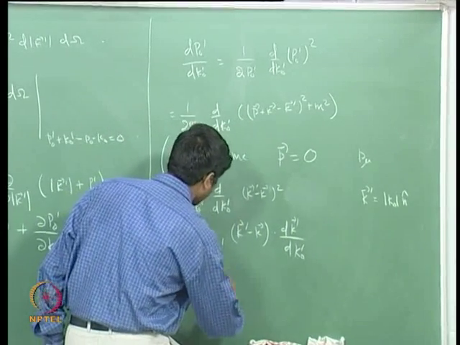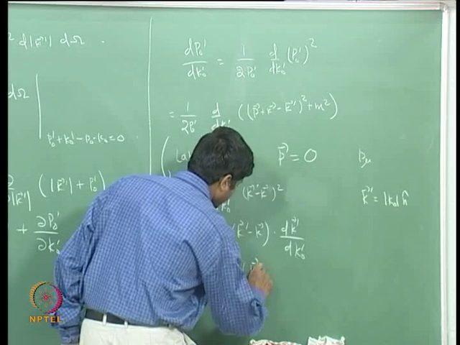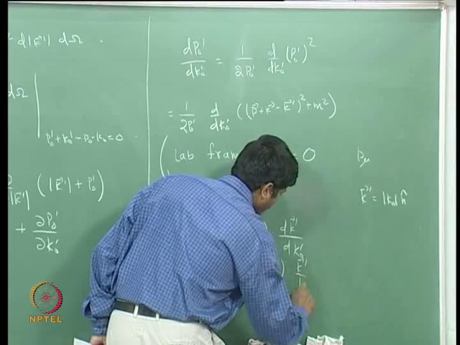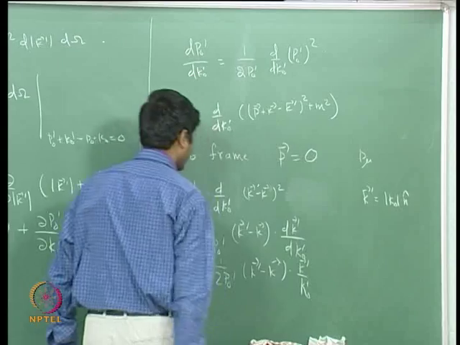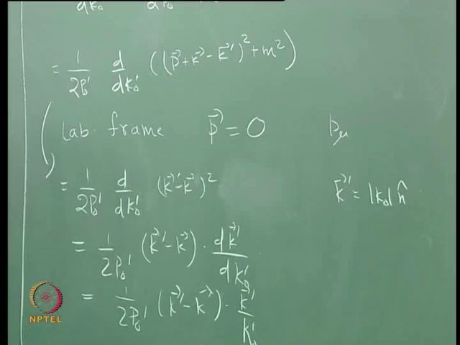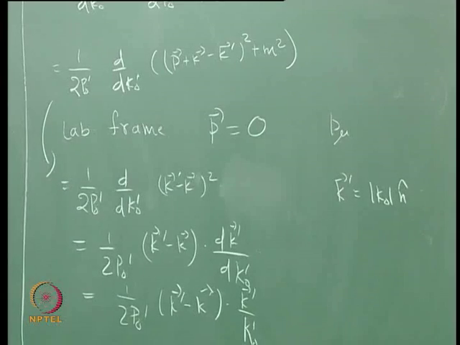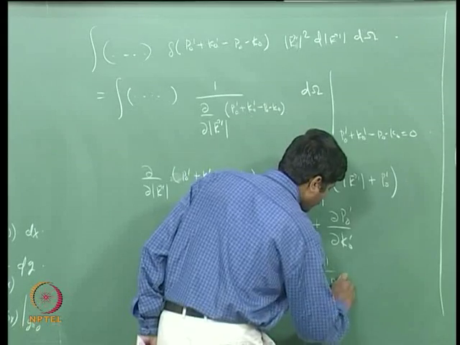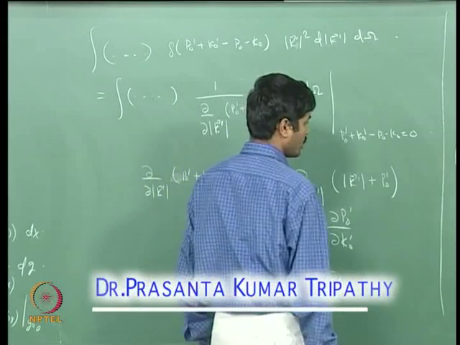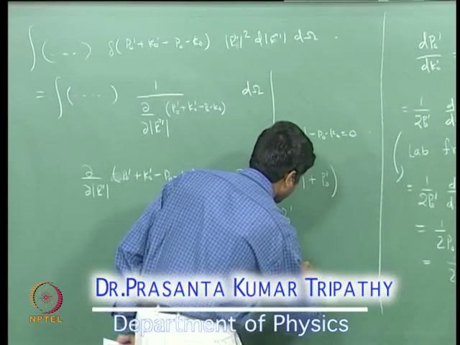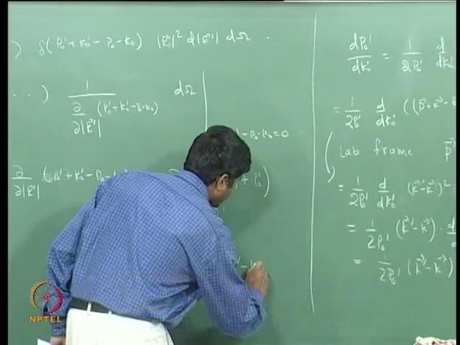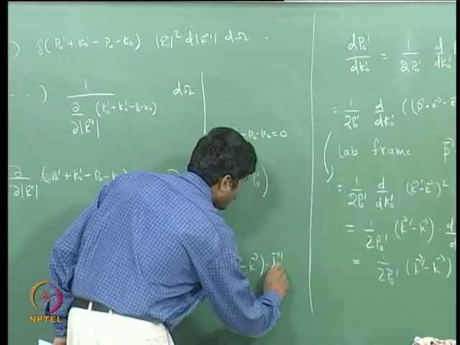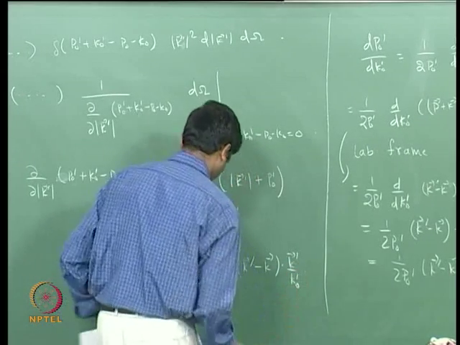So this quantity is 1 over 2 p0 prime, k prime minus k dot k prime over k0 prime. That is all we got for dp0 prime over dk0. So I will substitute that here. So this is 1 plus 1 over 2 p0 prime, then k prime minus k dot k prime over k0 prime. Okay.